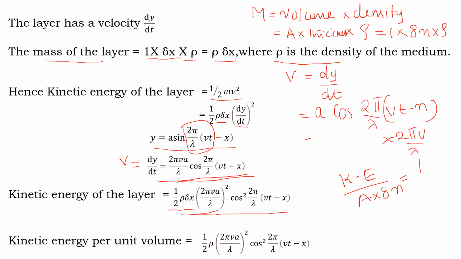Therefore, kinetic energy divided by delta x. ഇതാണ് kinetic energy density. അതുകൊണ്ട് തന്നെ ഈ kinetic energy of the layer എന്ന ടേമിനെ ഡെൽറ്റ എക്സ് കൊണ്ട് ഡിവൈഡ് ചെയ്യുമ്പോൾ kinetic energy per unit volume or the kinetic energy density കിട്ടുന്നു. That is half rho 2 pi va divided by lambda the whole square cos square 2 pi by lambda vt minus x എന്ന് കിട്ടും. That is the kinetic energy density.